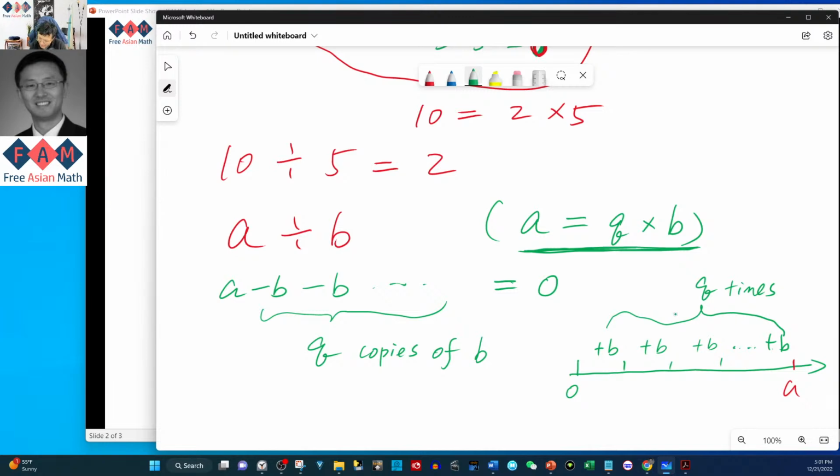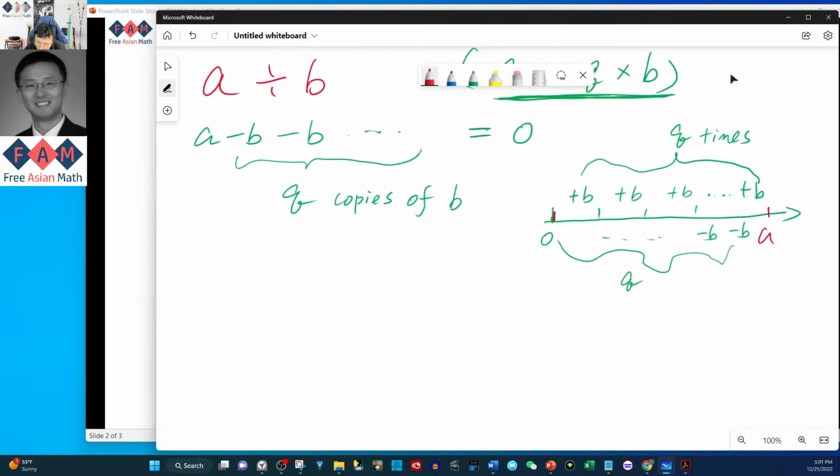We start from A, we subtract B, and we do it Q times. We will go back to our original point, which is 0. So that means that our definition of this particular arithmetic operation is nothing but repeated subtraction.